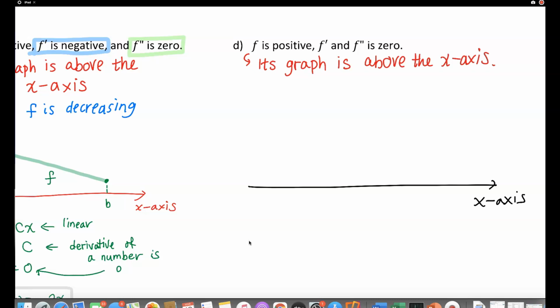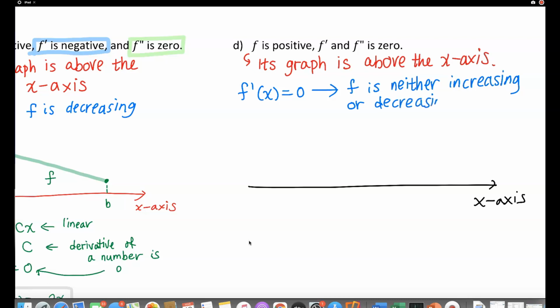F prime and F double prime is 0. What does that mean? Let me go ahead and think about one thing at a time, okay? So first of all, F prime of x equals 0 means f is neither increasing or decreasing.